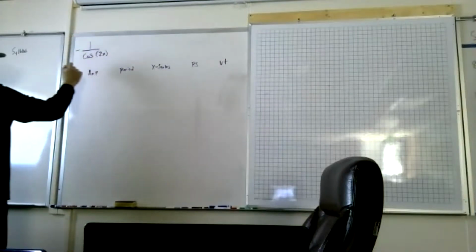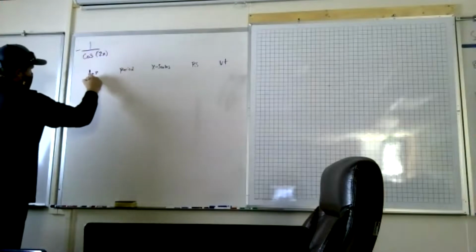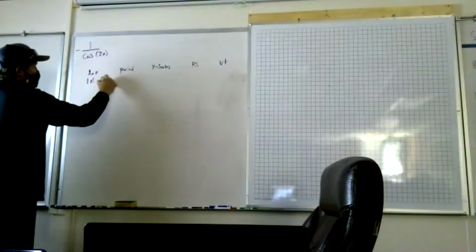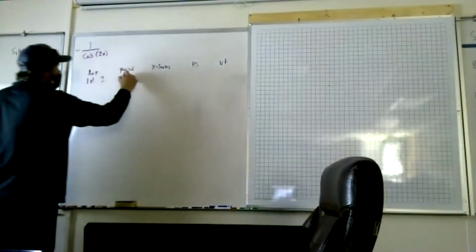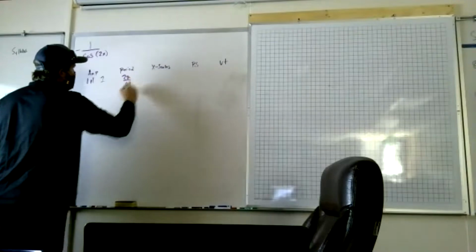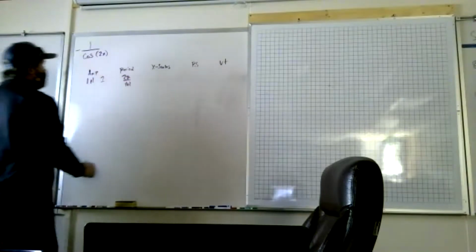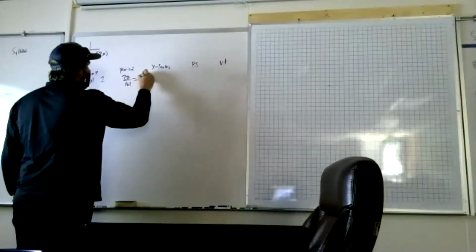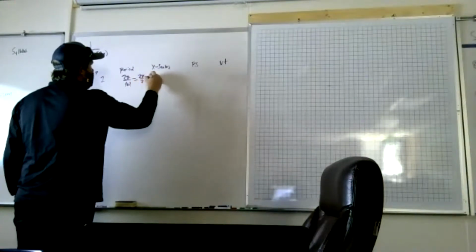So what's my amplitude? Well, my amplitude is still 1. So it's still the absolute value of 1 there. So my amplitude is going to be 1. My period, once again, is found by taking 2 pi divided by the absolute value of b. My absolute value of b is 2. So in this case, it's 2 pi over 2, or pi.